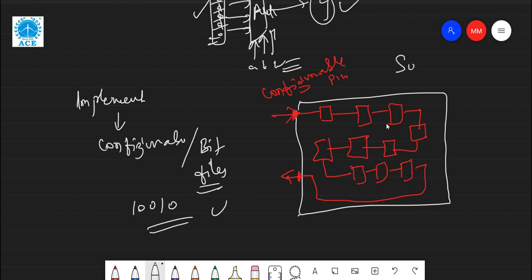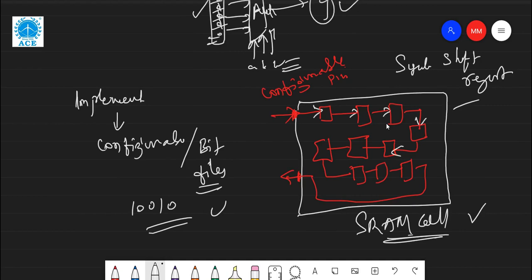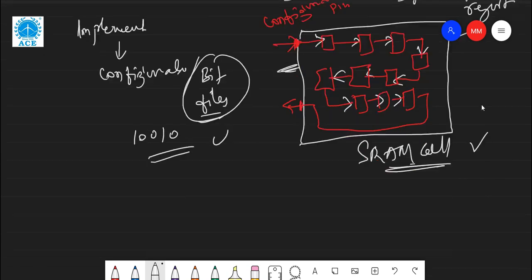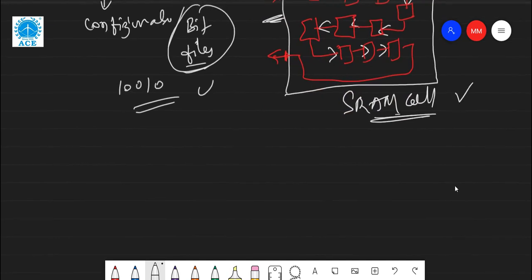This is a single shift register. Like that, this is the SRAM cell only. Like this, it passes shift-wise the information to the configurable pins, so it is stored in the bit files. Like that, the SRAM-based technology is programmed in the FPGAs.